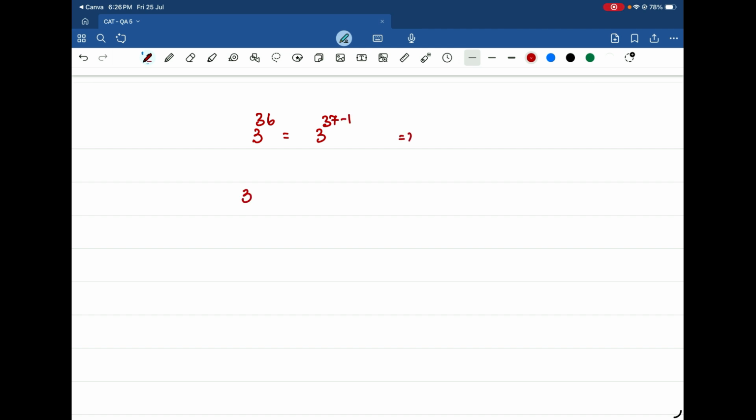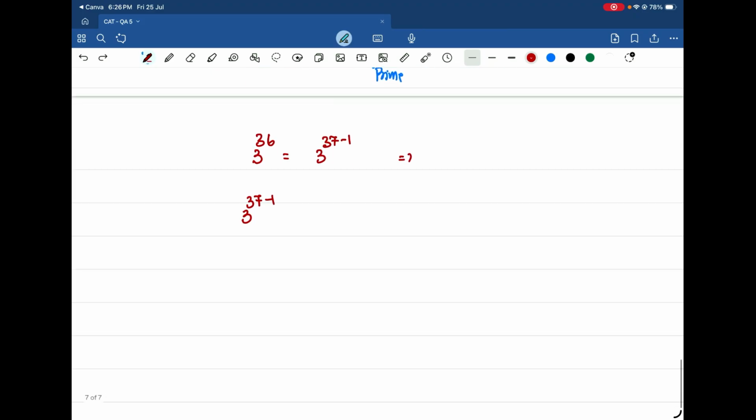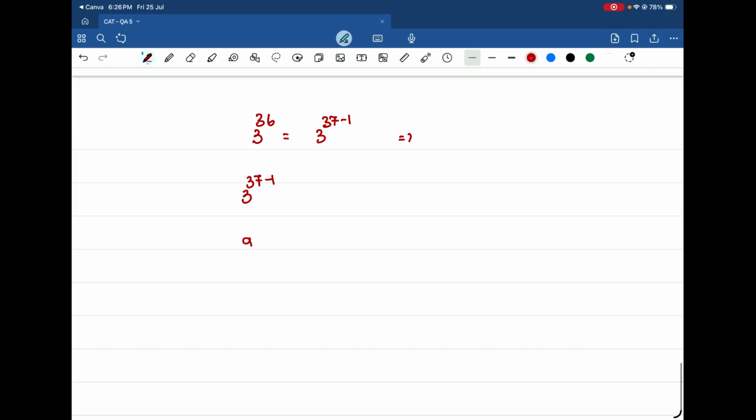That is in the form of a to the power of p minus 1 in the above formula. It is equivalent to 1 mod 37. Do you agree? Because it is 1 mod p. Here p is replaced by 37, a is replaced by 3.